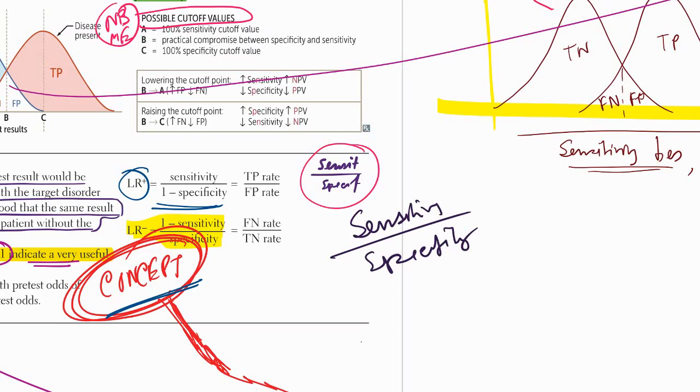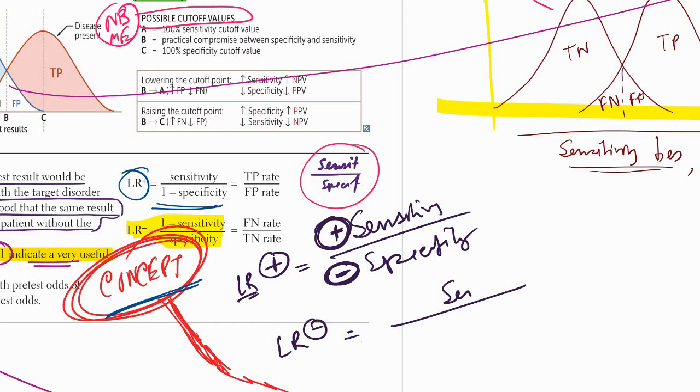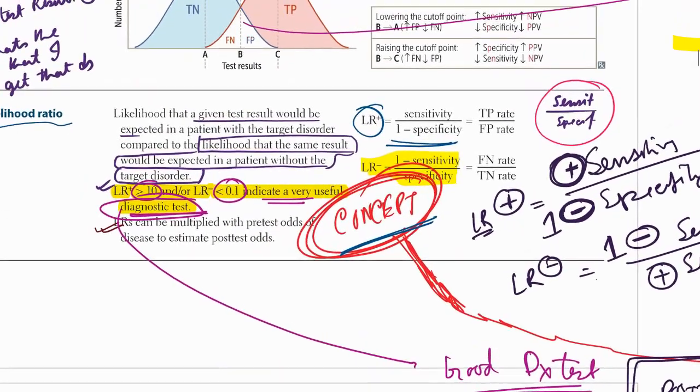For the positive likelihood ratio, there will be positive here and negative here. For the negative likelihood ratio, it is sensitivity and specificity with negative here and positive here. That means 1 and 1. Okay, that's it. That's the beauty of likelihood ratio.